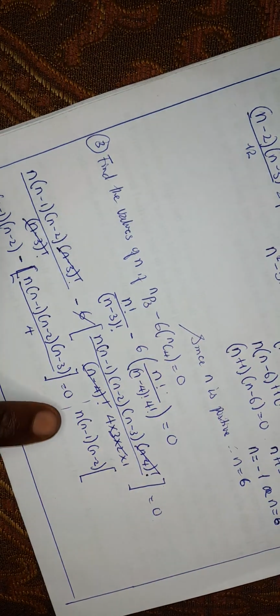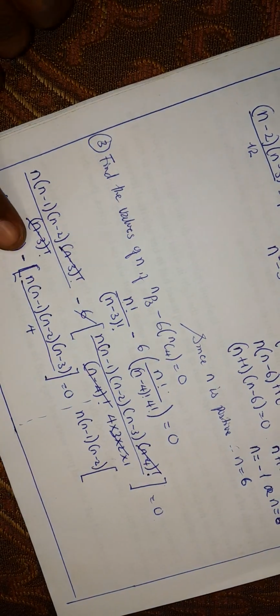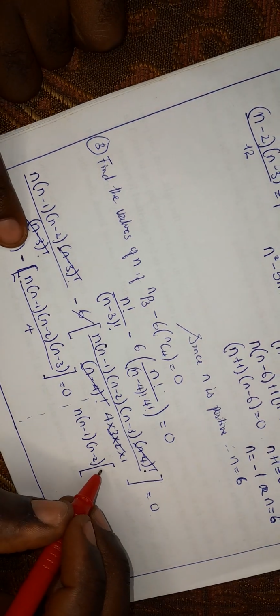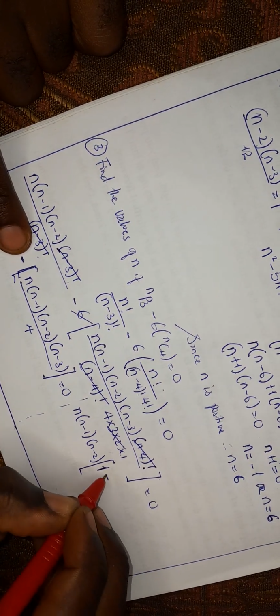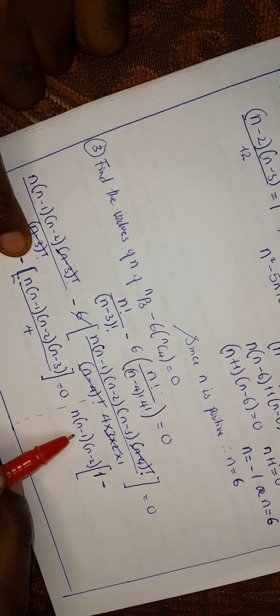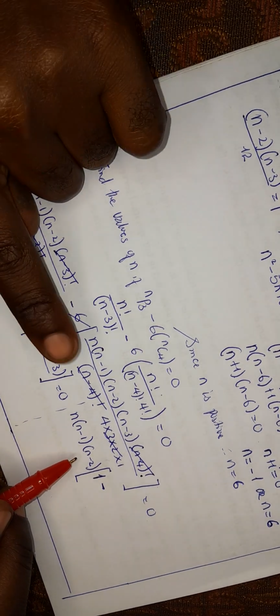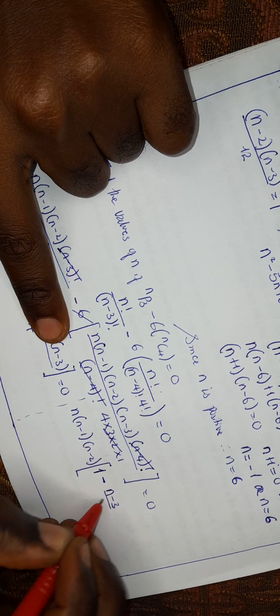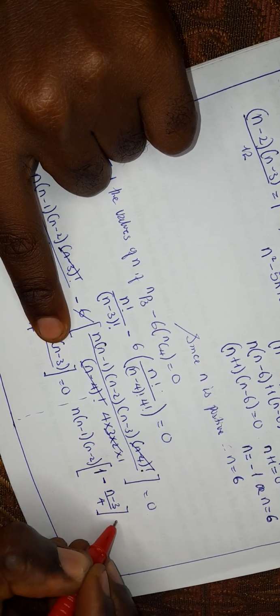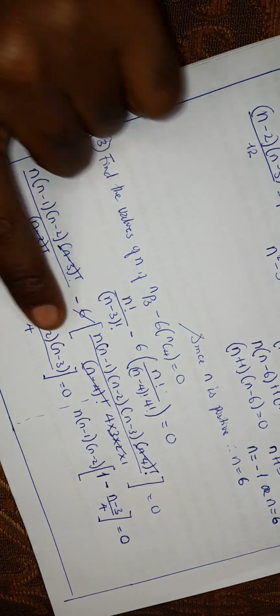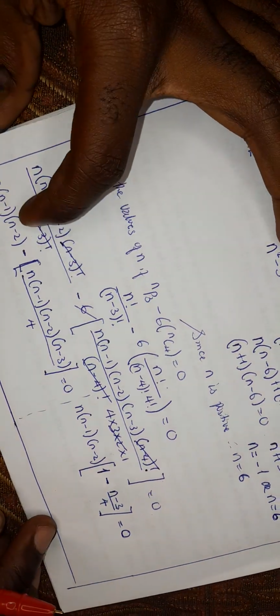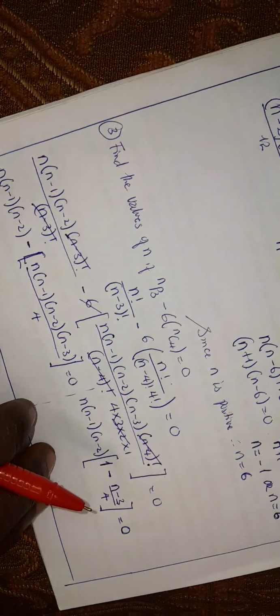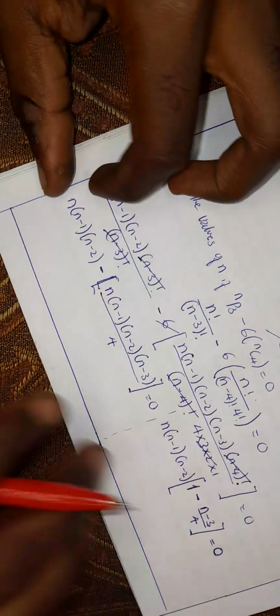If I take (n minus 1)(n minus 2) away from here, I'll be left with 1 minus. If I take (n minus 1)(n minus 2) away from this, I'll be left with (n minus 3) over 4, equals 0.